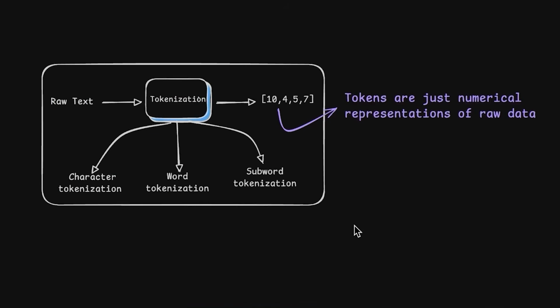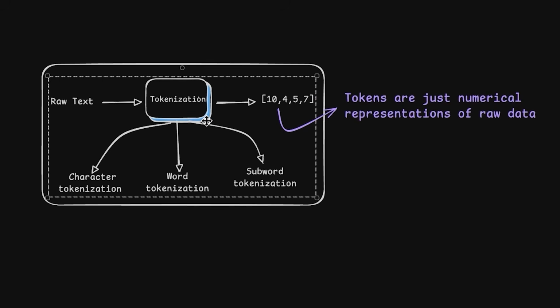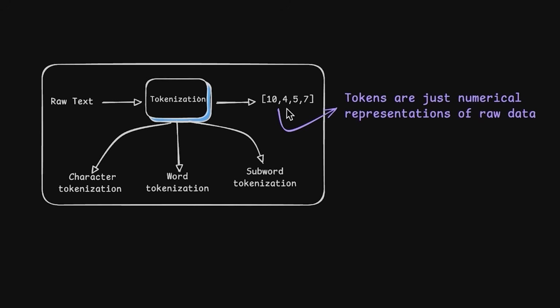In the last lecture, we talked about tokens, and we understood some important concepts about tokens. So tokens are nothing but converting raw text into a numerical representation. And we convert raw text into numerical representation because embedding models don't understand text, they only understand numbers.